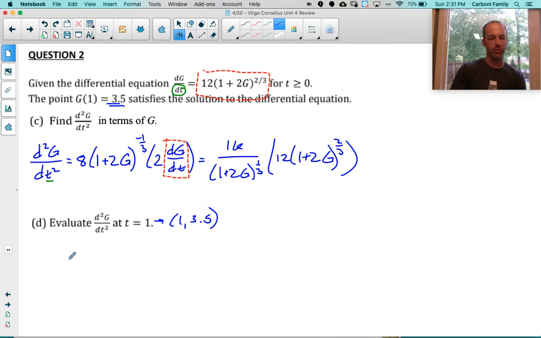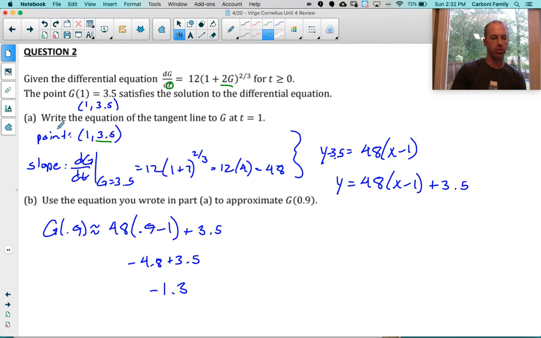And so it's going to be 16 over (1 plus 2 times 3.5, which will be 7) to the 1/3 power. And then right here, this is my first derivative. And I've already established in part A that my slope, my dg/dt at that point, is 48.